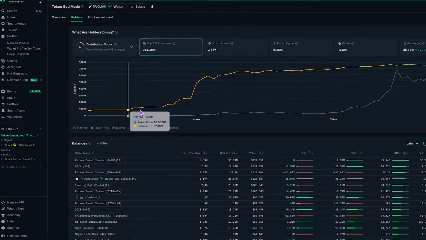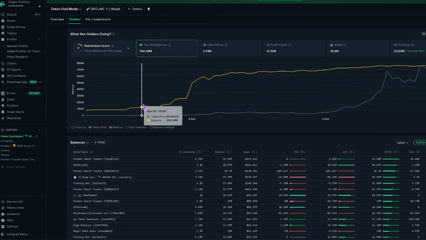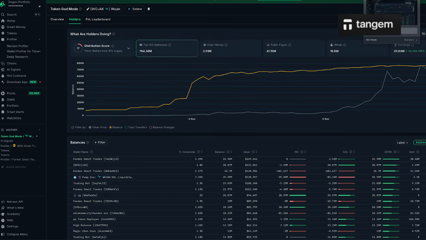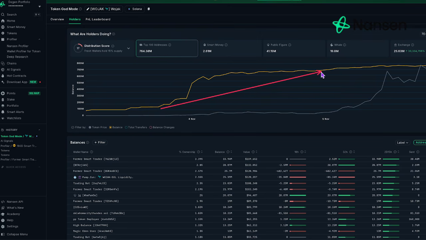What I like to see with Nansen is as the yellow goes higher, I'd like to see the most fundamental one for me, which is the retention of balance, not the price, right? I hope that makes sense. And again, we'll do a live stream. Like I said, I'll get Ricardo here. But what you're seeing is the whales' balance is going right, and over time, the price will go right.